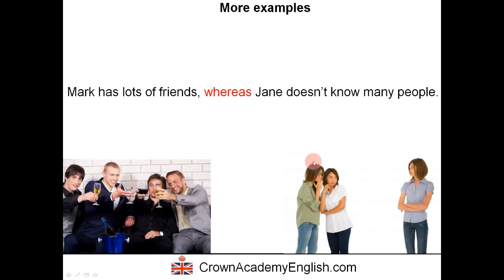She doesn't really know them. So there's a difference between Mark and Jane. Mark has lots of friends, whereas Jane doesn't know many people. So this is idea 1, or concept number 1, or fact number 1. And this is the second fact, fact number 2. And this is the conjunction in the middle to compare them.